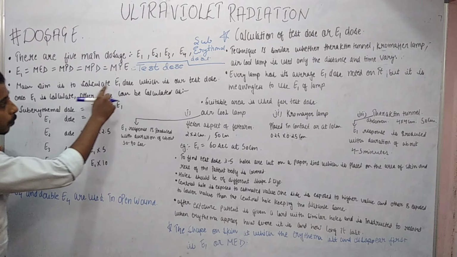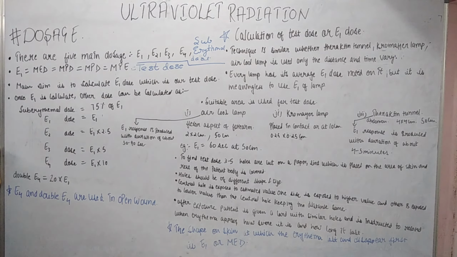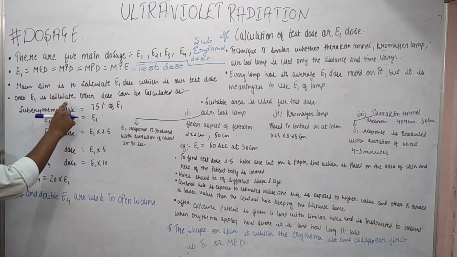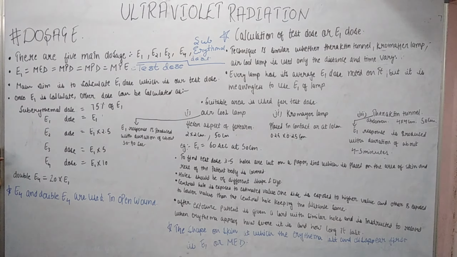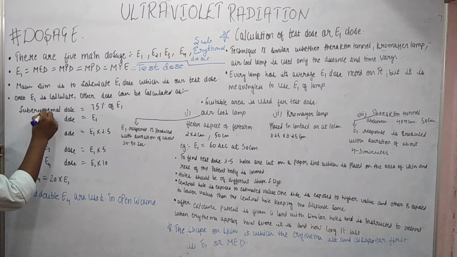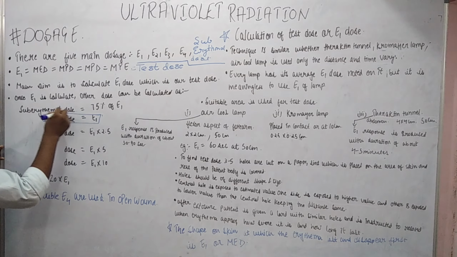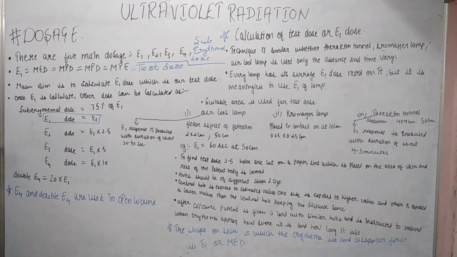Our main aim is to calculate E1, which is our test dose, and once E1 is calculated, the others can be easily calculated, which is simple. We need to learn how to calculate this dose.